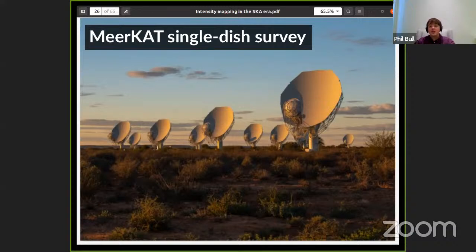So they're pretty huge compared to your typical human. And they have two receivers fitted at the moment, an L-band and a UHF band receiver. And they're roughly sensitive to frequencies of between, I think it's about 570 megahertz and about 1700 megahertz. So a wide range of radio frequencies.